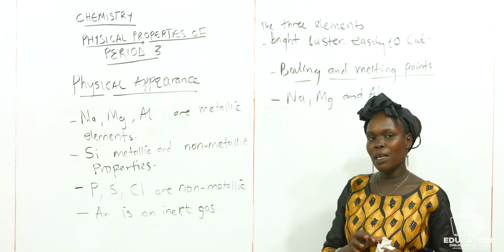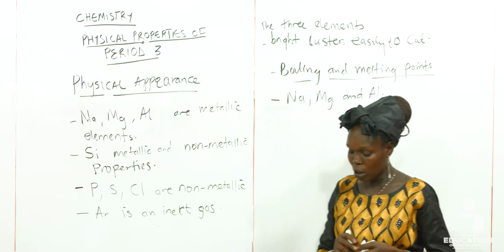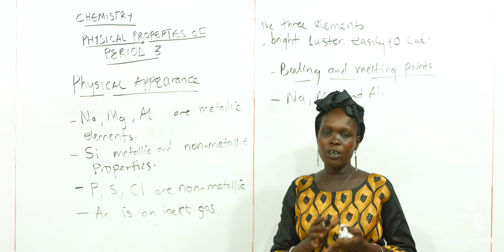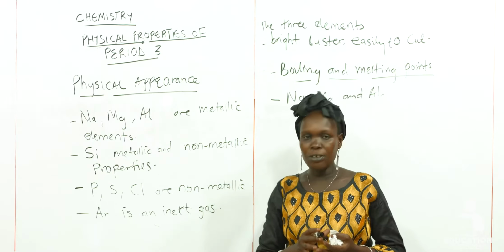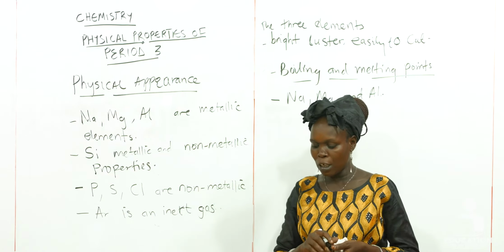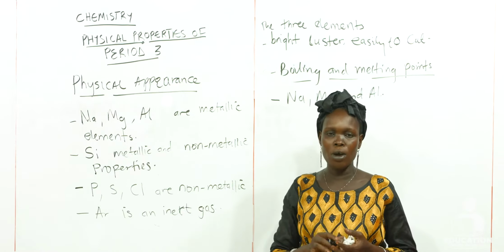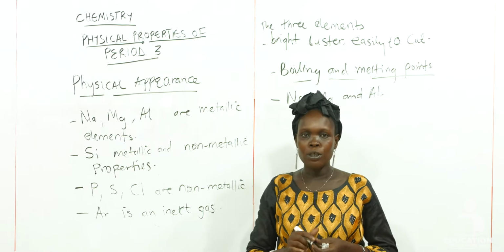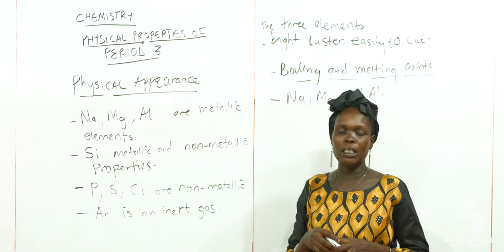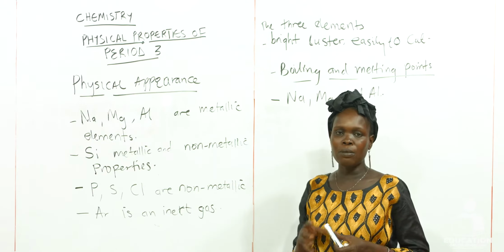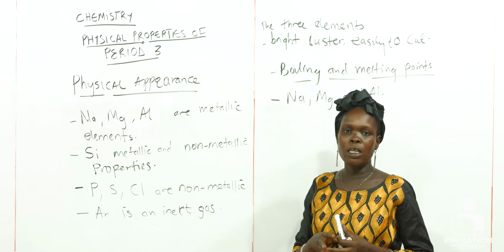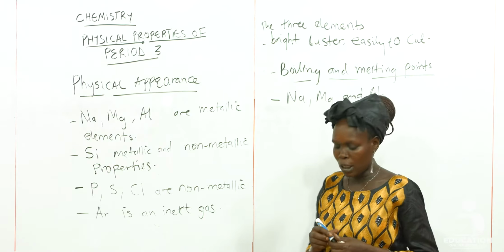That makes them behave like crystals. The giant metallic structure of the three elements is bound by what is known as a strong metallic bond. That makes them have a very rigid structure, more or less like crystals.